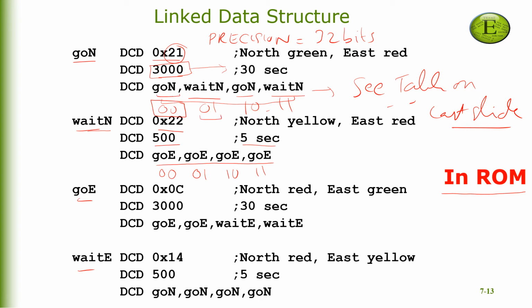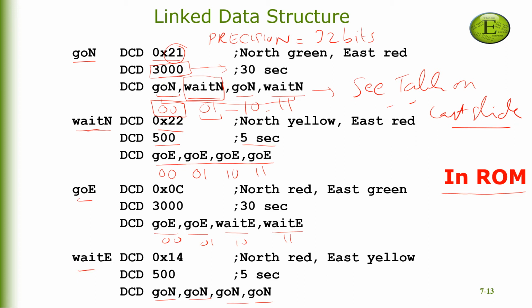But if the input is 0, 1, we go to the wait n state, and so on. So this sequence corresponds to the inputs 0, 0, 0, 1, 1, 0, 1, 1. Again, for detailed discussion, see the last two slides.